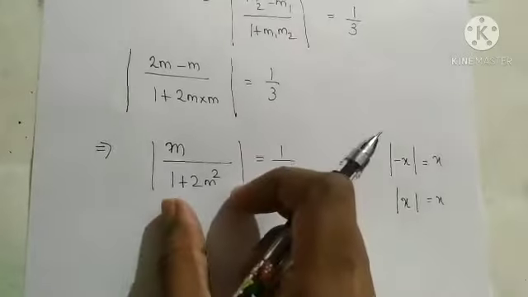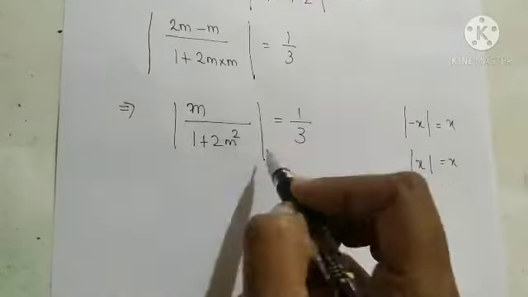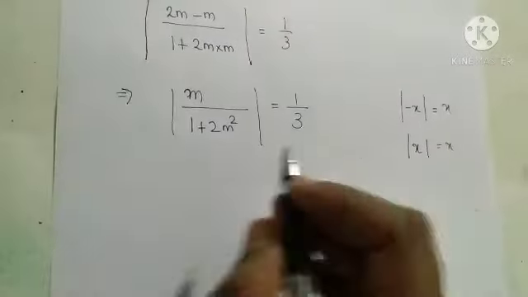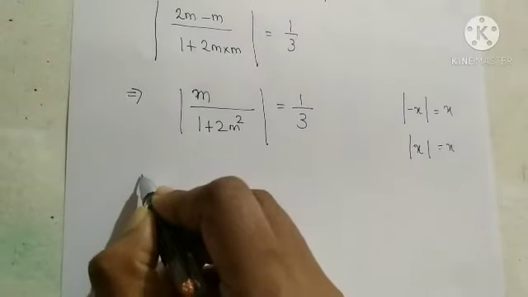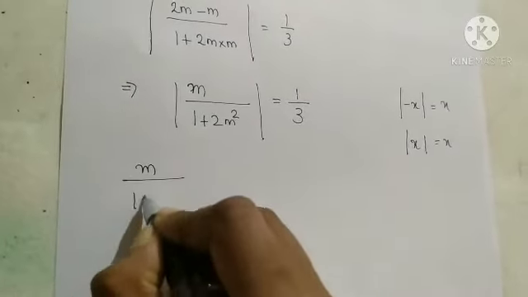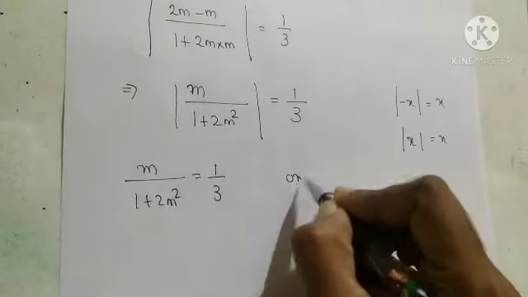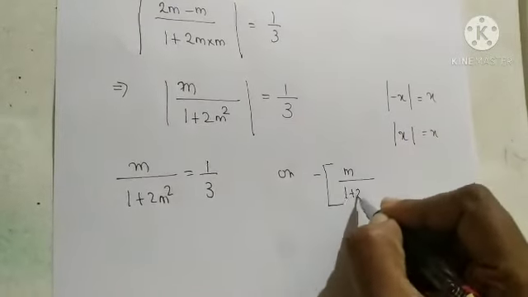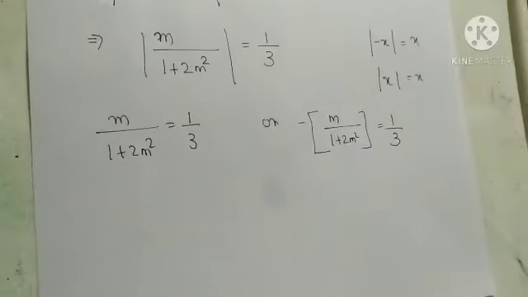So inside this modulus the value can be either positive or negative. So I am writing a positive value here, m divided by 1 plus 2m square equal to 1 by 3, or it is negative of m divided by 1 plus 2m square equal to 1 by 3.